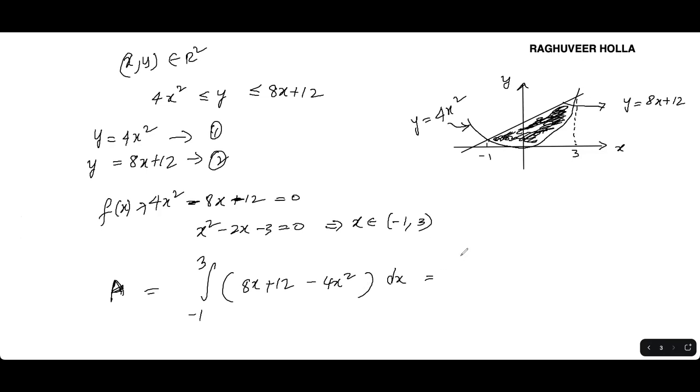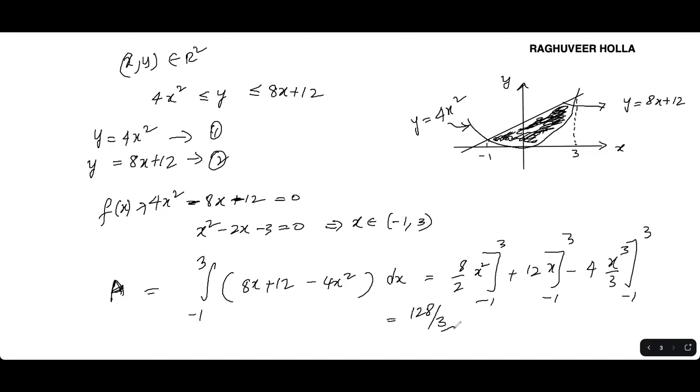So this will be 8 by 2 x square under the limit -1 to 3, plus 12x from -1 to 3, and minus 4x cubed by 3 from -1 to 3, which will lead to 128 by 3. So this is the required solution, the area of the region.